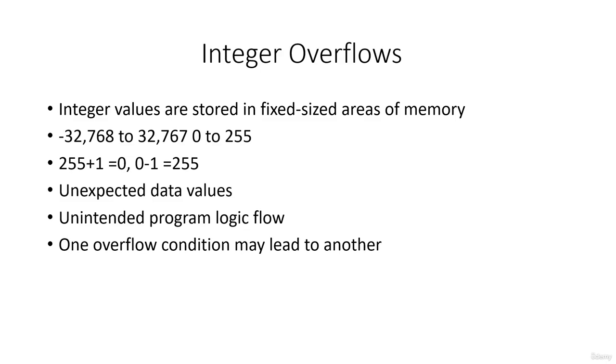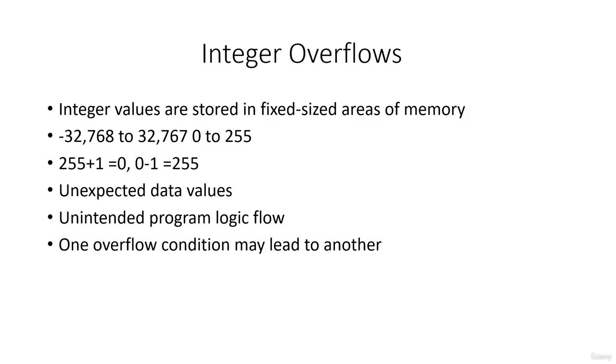If we perform an arithmetic operation that exceeds the upper or lower size of the integer and attempt to store the result in the integer variable, which is too small, the value will roll over to the value on the other end of the integer range. This condition is referred to as an integer overflow, although integer rollover might be a more accurate description.